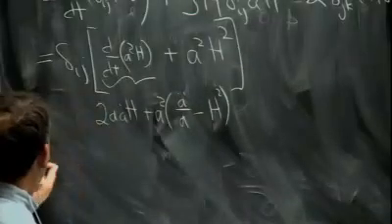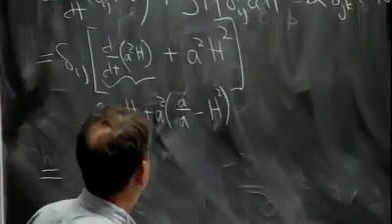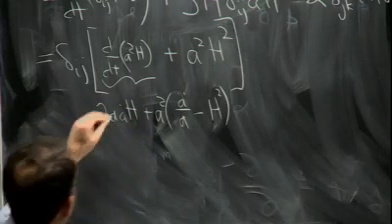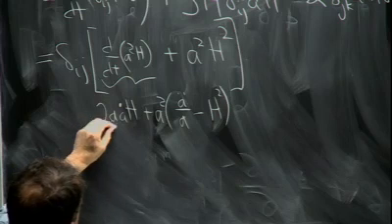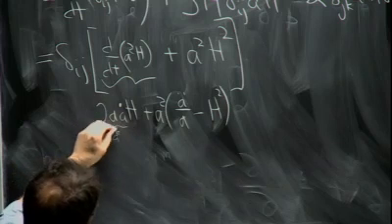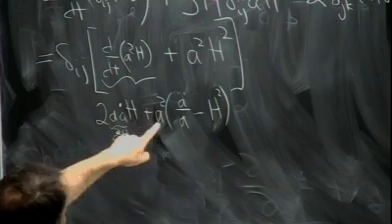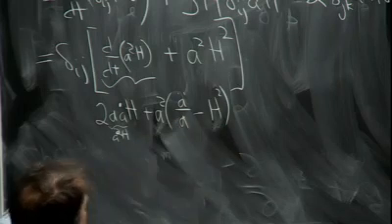So the spatial part of the Ricci tensor, this term over here has an a dot in it, so we can replace this by another a squared h. So there's another a squared h squared term there.